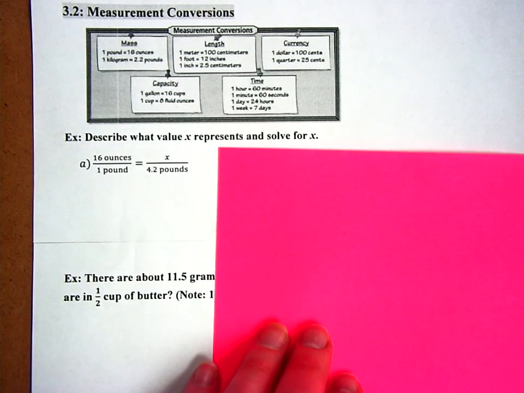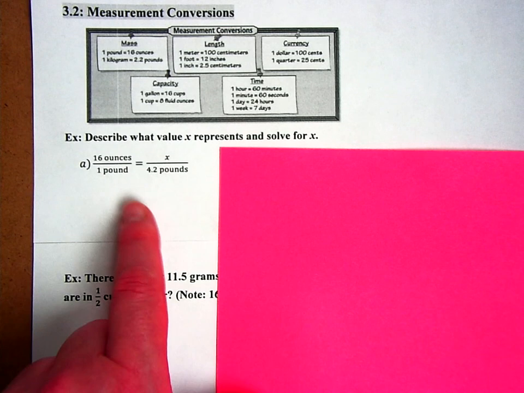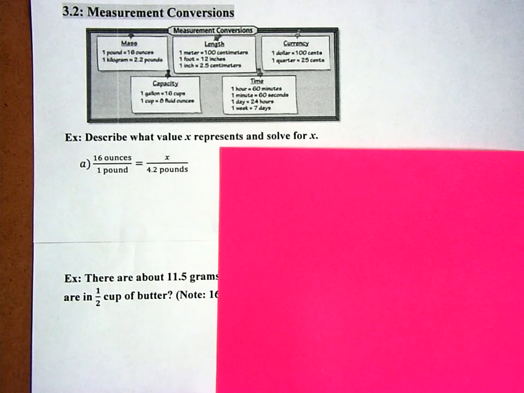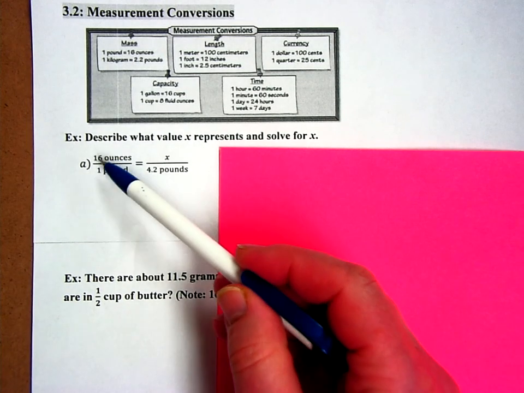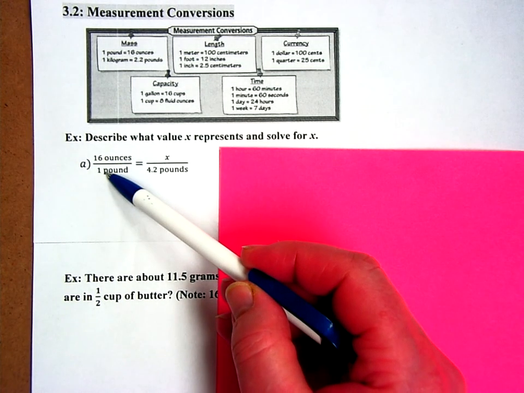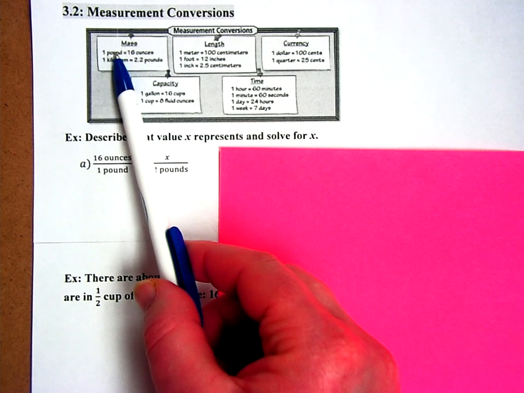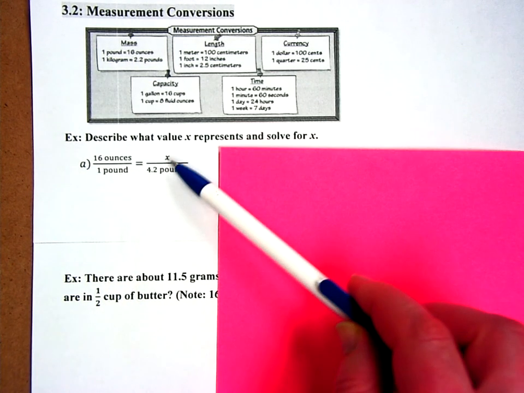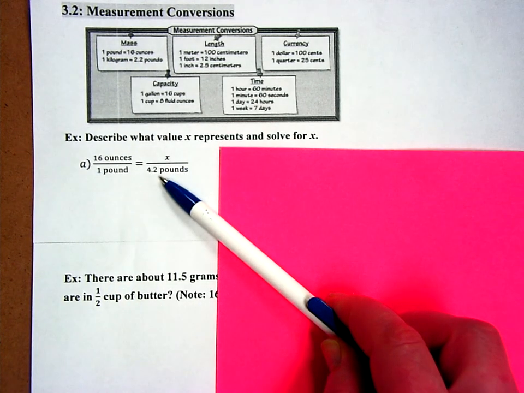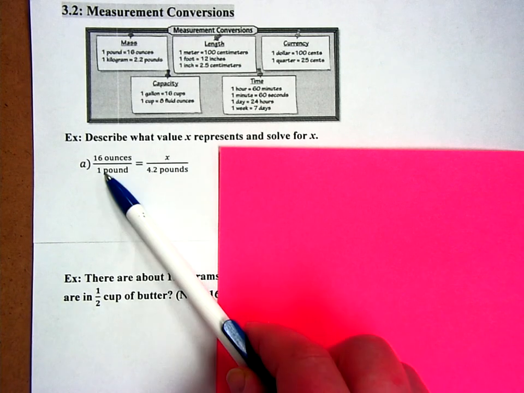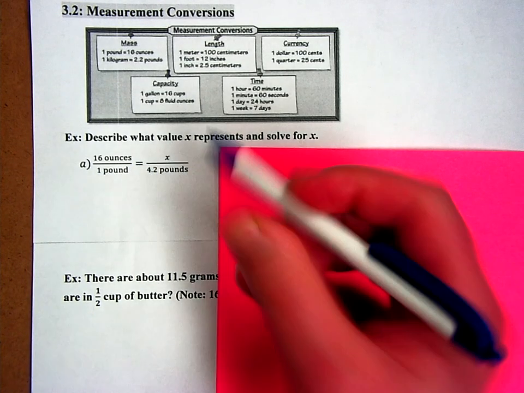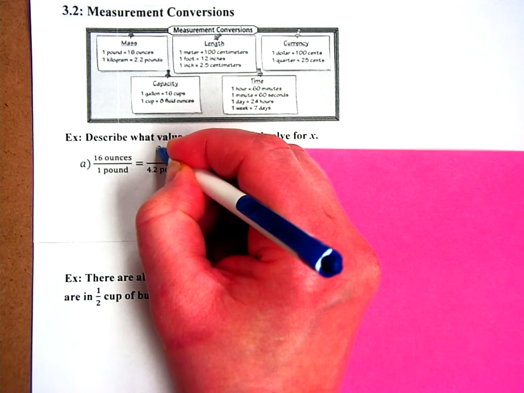If I look at this problem here, I need to describe what x represents, and then I need to solve for x. So I have here that 16 ounces is equal to 1 pound. And on the other side of the proportion, I have 4.2 pounds. If I have pounds down here, then what up here has to be is ounces.